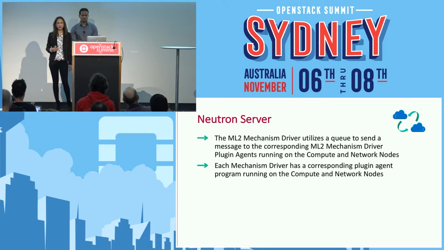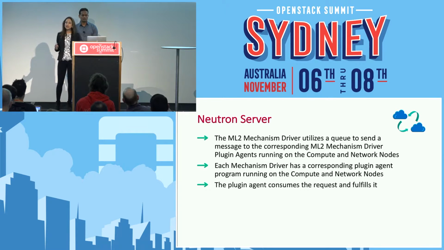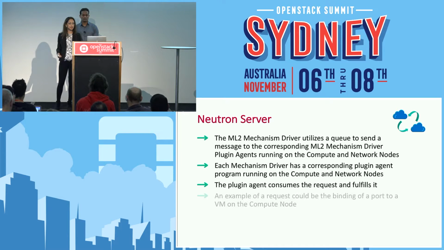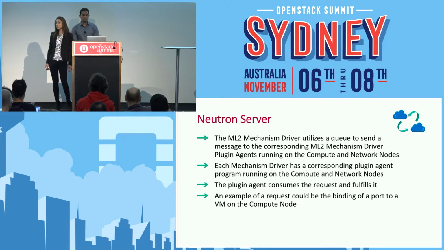Each mechanism driver has a corresponding plugin agent running at the compute and network nodes. And it is these plugin agents that consume the request and fulfill it. An example of a request could be the binding of a port to a virtual machine on the compute node.